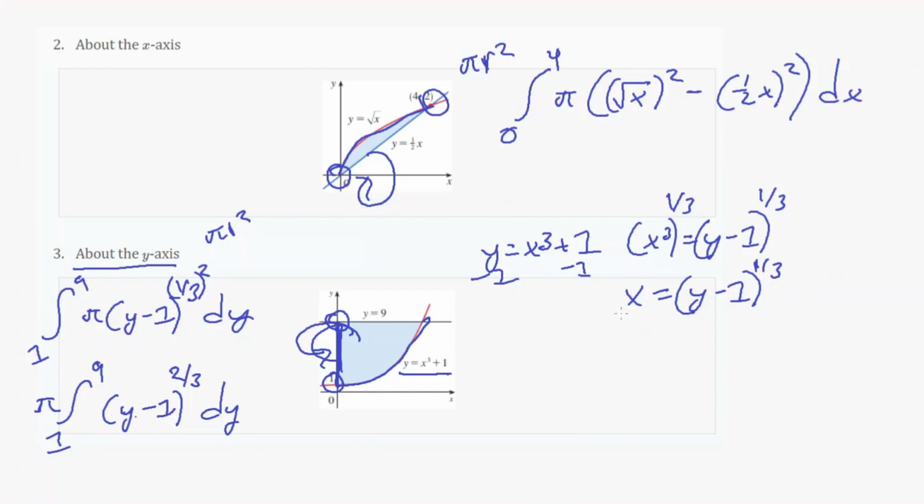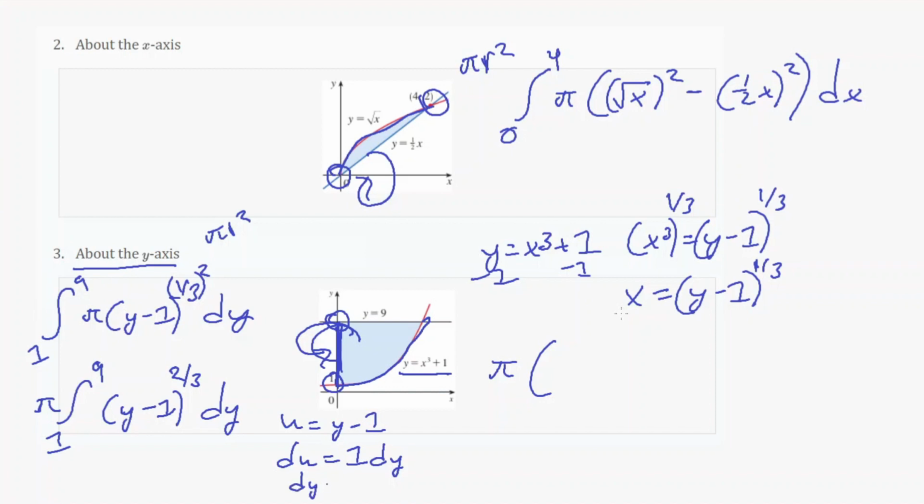And now let's integrate that. So if we integrate that, we're going to have pi and then open parentheses. Now y minus 1 to the 2/3 power. What we could do is use u substitution. So let's say u is equal to y minus 1 and du is equal to 1 dy, since the derivative of y minus 1 is going to be 1 dy.